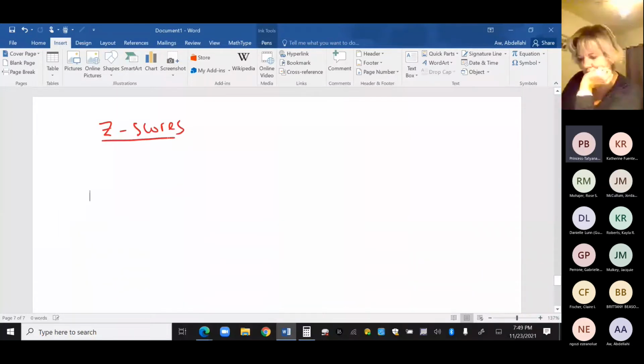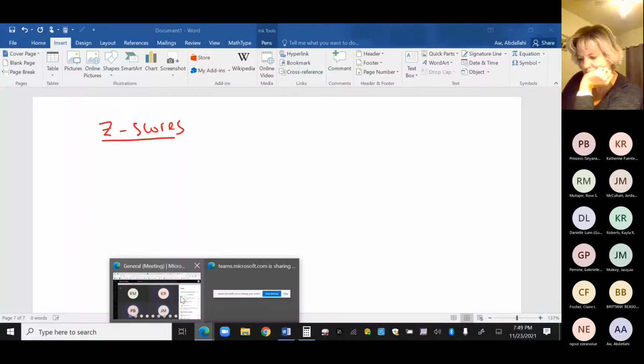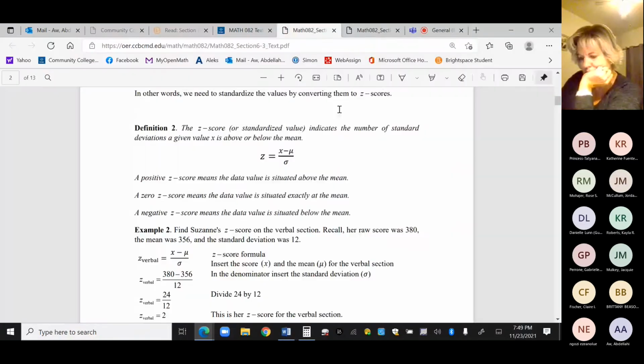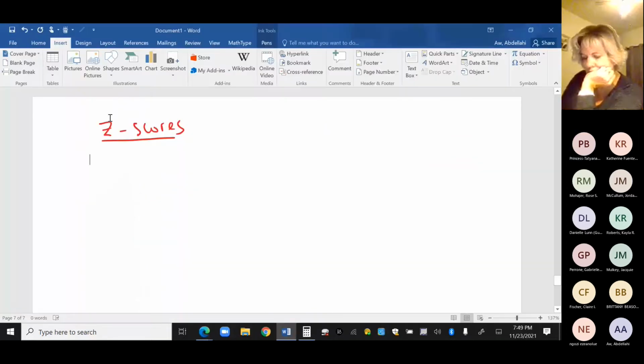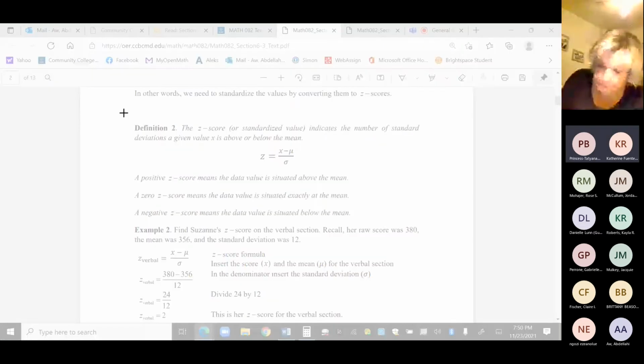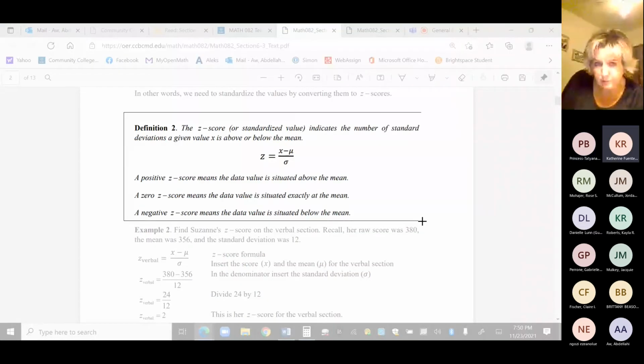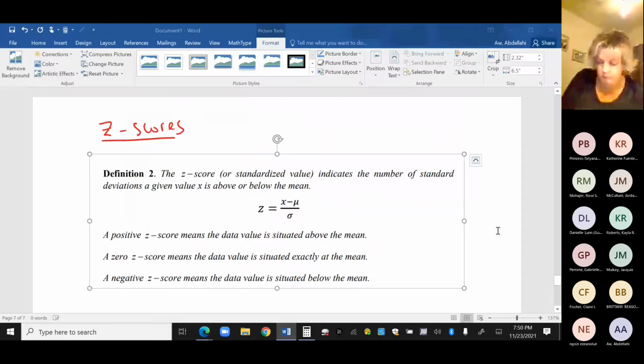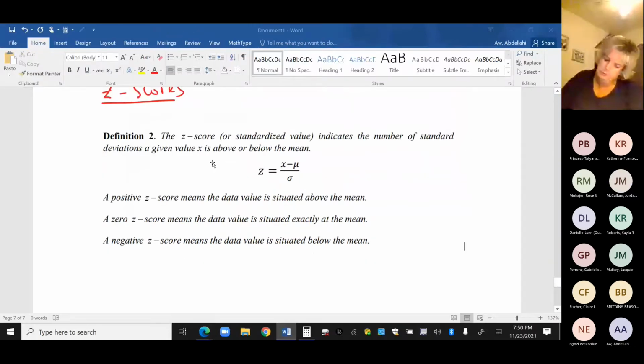So let me see the definition of the Z-score, which is here. The Z-score, or standardized value, helps us to measure something. It indicates the number of standard deviations a given value is above or below the mean.